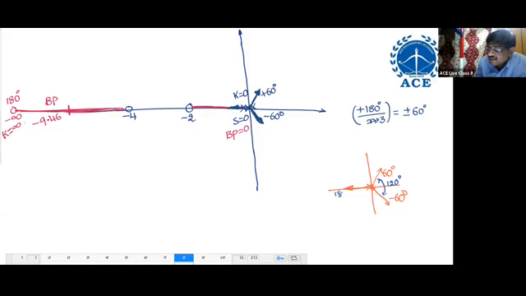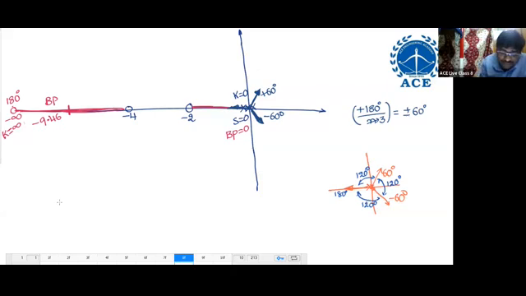This is 180 degrees. 60 to 180, what is the phase shift? 120. 180 to minus 60, what is the phase shift? 120. That means all the 3 poles should leave from the point by maintaining equal phase shift. If n poles are there, n poles should leave the point by maintaining equal phase shift.